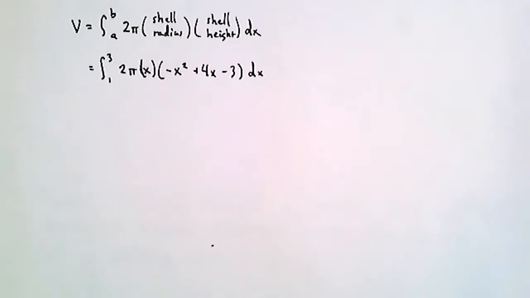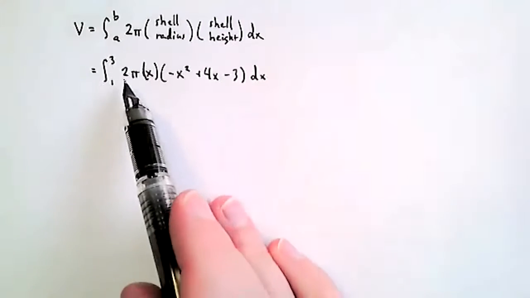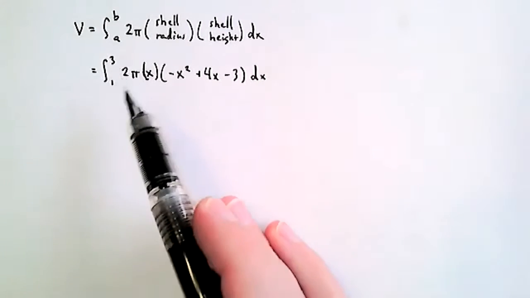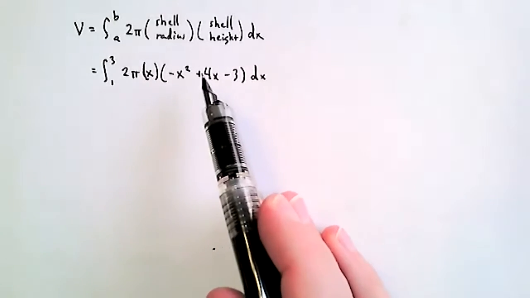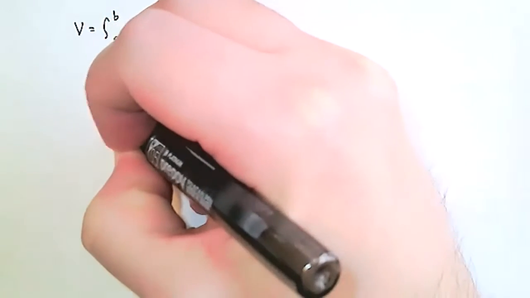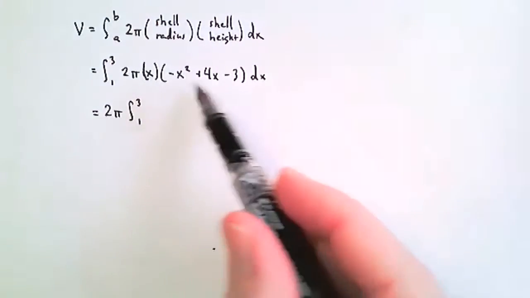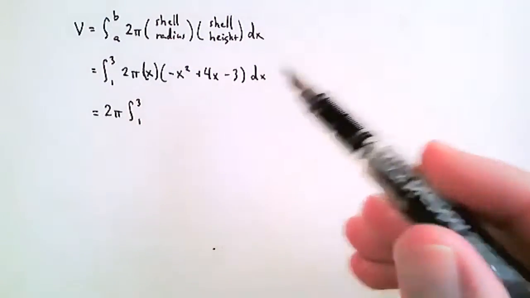And now it's just a matter of doing the integral. We have a constant that we can move out to the front, and we also need to multiply through by x. So distribute the x into this set of parentheses. Okay, so everything increases in power.